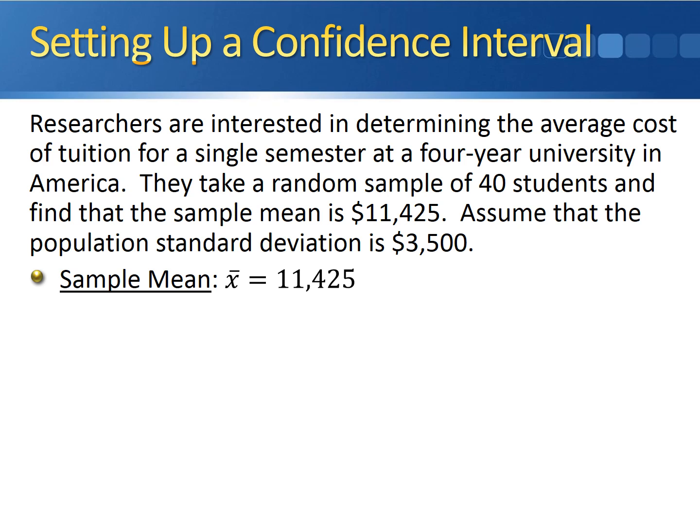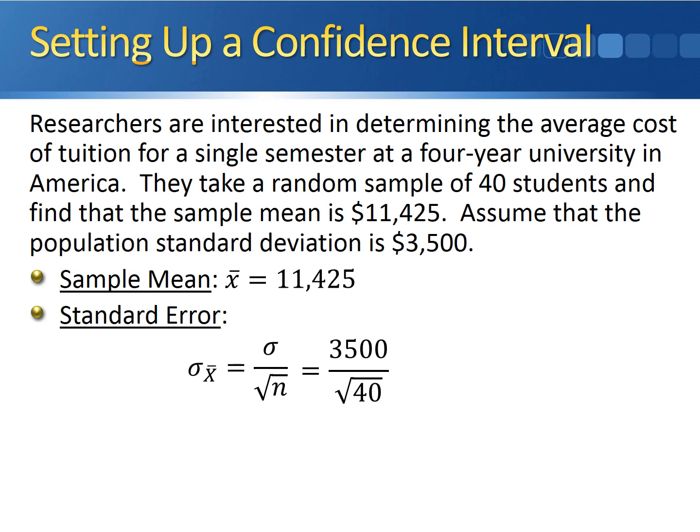The standard error for the sample mean, denoted sigma sub x bar, is calculated by taking the standard deviation of the original distribution and dividing by the square root of the sample size. This gives us 3,500 divided by the square root of 40, which is 553.4.